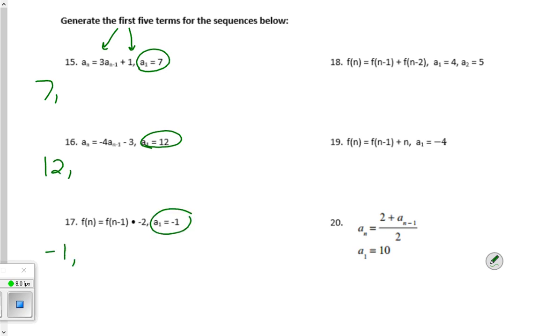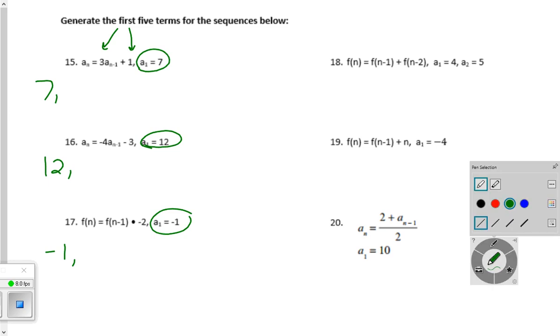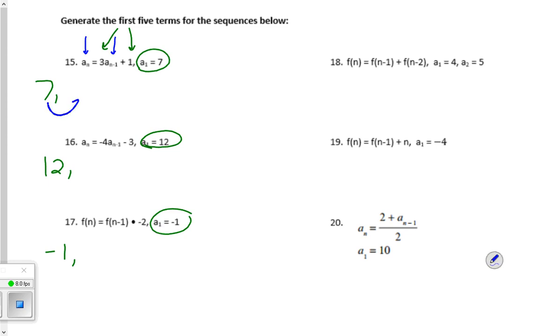Okay? But then I again use my formula. The way I read this is important. It says a sub n, so the term I want is equal to 3 times the previous term plus 1. So what is 3 times this 7 and then plus 1? Well, 3 times that would be 21, plus 1 would be 22.